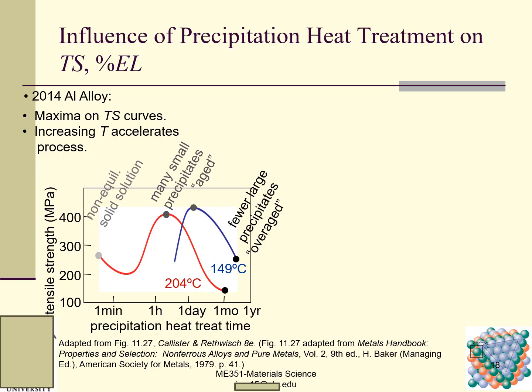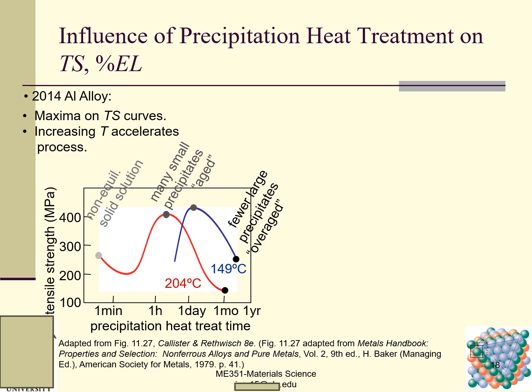Influence of precipitation heat treatment on tensile strength and also elongation percentage. Elongation percentage indicates the ductility of the material. For example, for 2014 aluminum alloy, the tensile strength curve has a maximum, and increasing temperature accelerates the process.